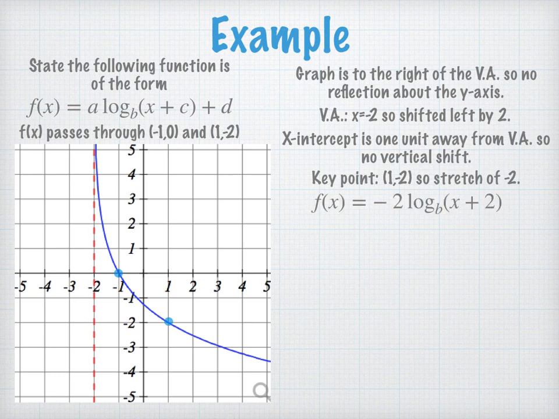So right now, as it stands, we have the function f of x equals -2 log base b of (x plus 2). This is using all of the information that we have so far. Now we will do more examples where we can see what happens if we do have a reflection about the y-axis. And that is a case that you will want to pay attention to for your homework problems.